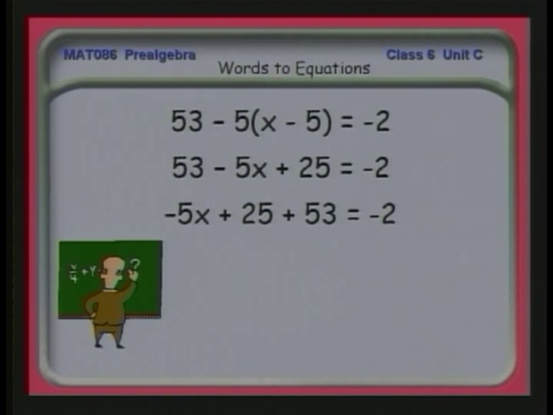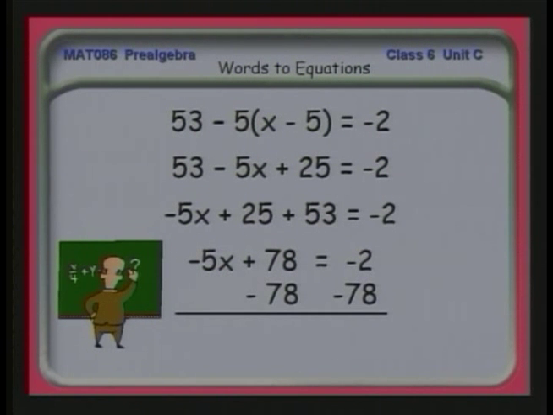I simplify by seeing that I have one unknown on the left and 2 numbers. I add those numbers together. Then I subtract 78 from both sides and wind up with minus 5x equals minus 80, where I run out of room. So you should do the same thing.